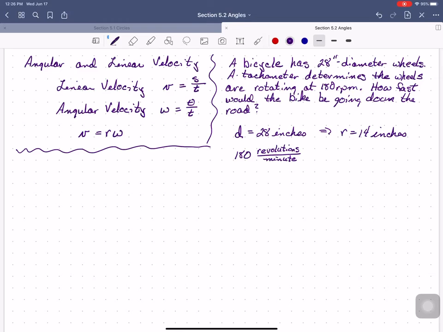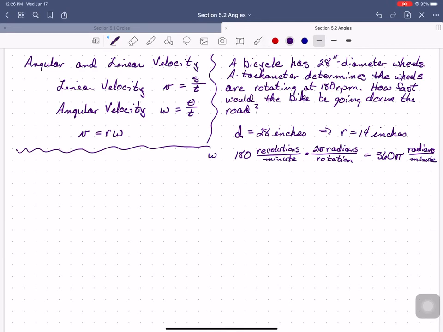Now, it's not the type of angular velocity we are looking for because we really want radians per minute. So we remember that there are 2 pi radians per rotation. And we see that 180 revolutions per minute is 360 pi radians per minute.